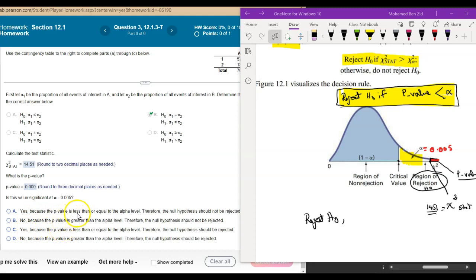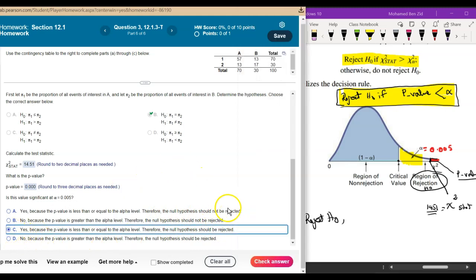Here it says the p-value less than or equal to alpha, both are the same statement. So p-value small, yes, reject. Therefore the null hypothesis should be rejected, and here the null hypothesis should not be rejected. We said reject, so we're going to go with C.